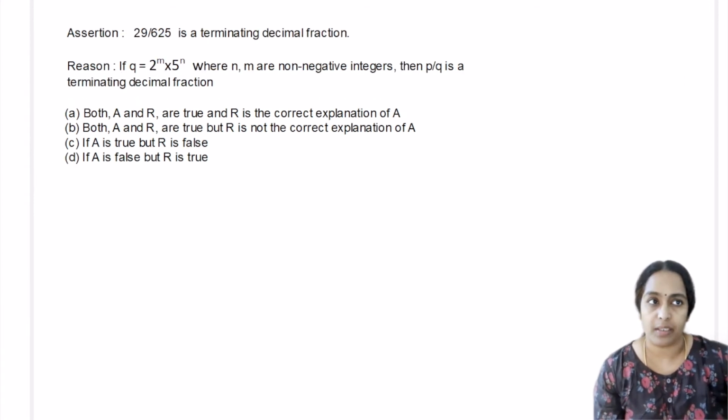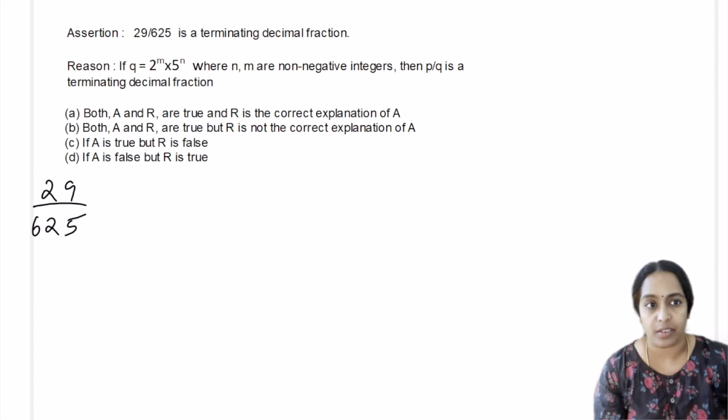The next question. Assertion statement is 29 by 625 is a terminating decimal fraction. For any rational number of the form p by q, to have a terminating decimal expansion, the denominator q should take the factors of 5^m into 2^n.